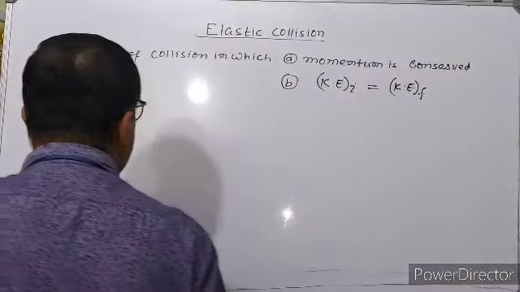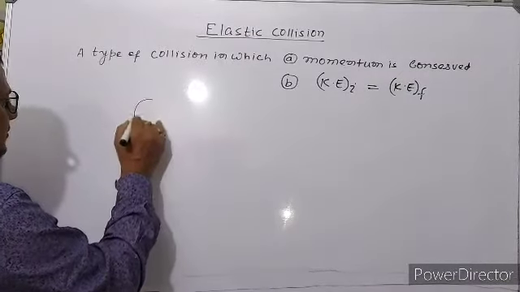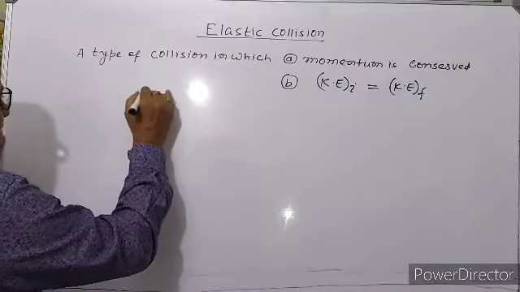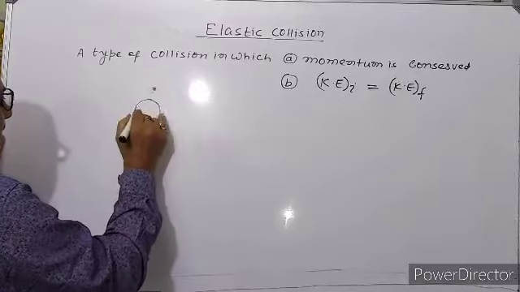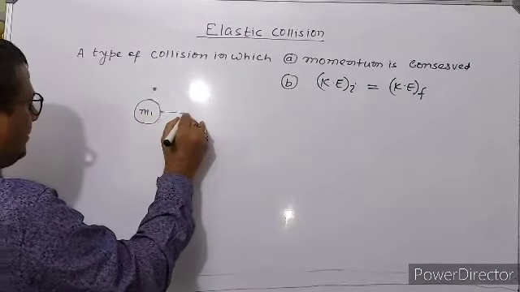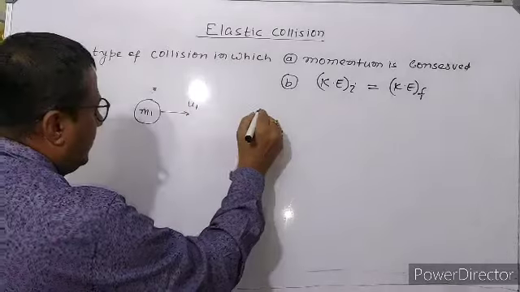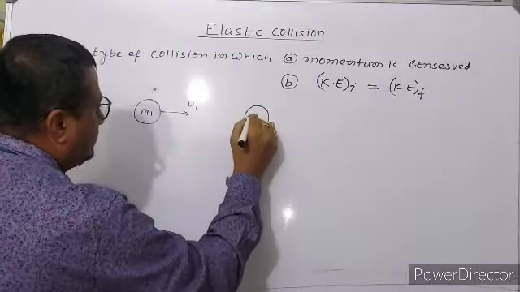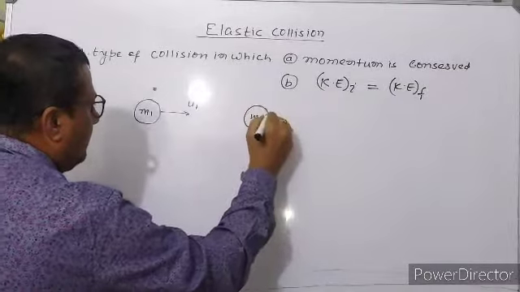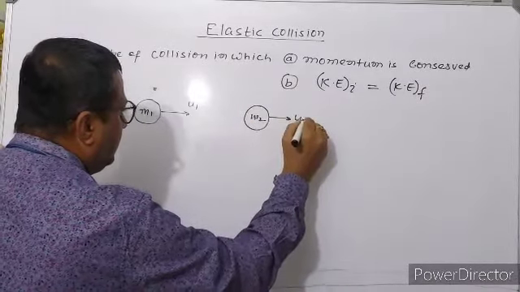Now see, there are two bodies. Its mass is m1 and it is moving with u1 velocity. There is another body, its mass is m2 and it is moving with u2 velocity.